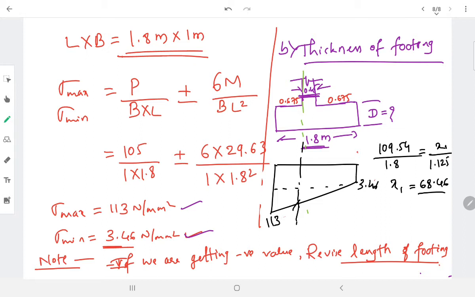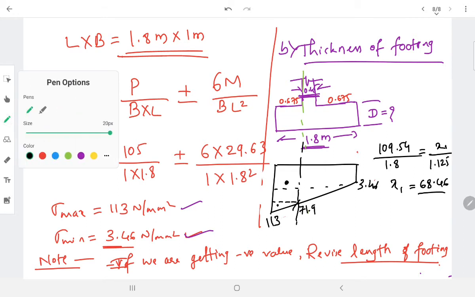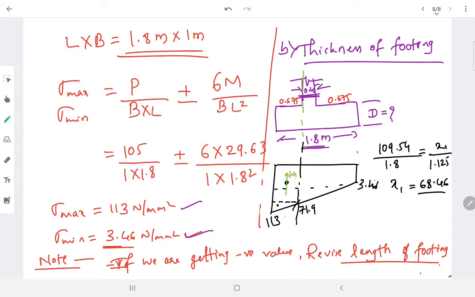This is 71.9. Okay, then from here onwards I have to have this, and this is one triangle, CG is here. This is one square or a rectangle, this CG is here. So I'll mark this as W1 and this as W2.